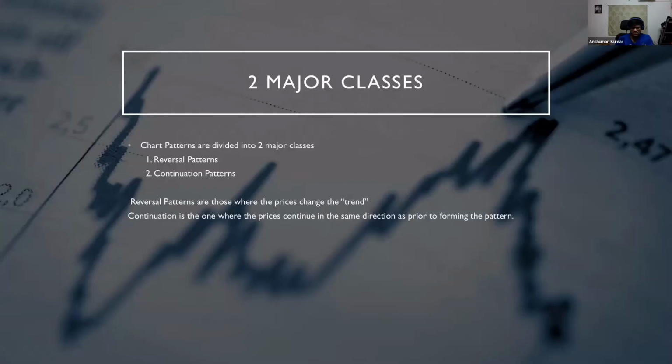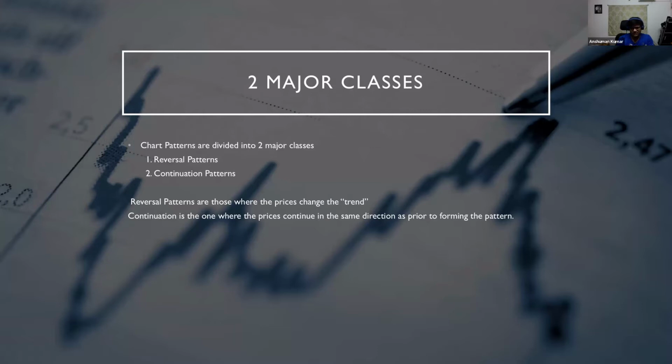This is a good time to introduce what we call patterns and the two classes of patterns. They are called reversal patterns and continuation patterns. When we talk about chart patterns, we talk about some specific shapes being formed on the chart paper, which basically do two things.